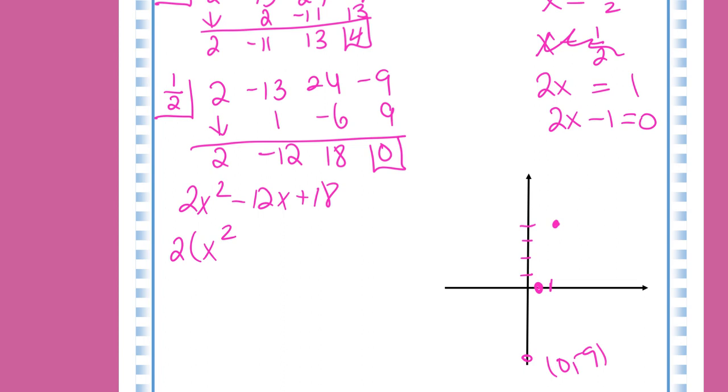This looks like a perfect square. Any takers? It's definitely got an x. x minus 3. You rock. So that means we've got x equals 3 multiplicity 2.